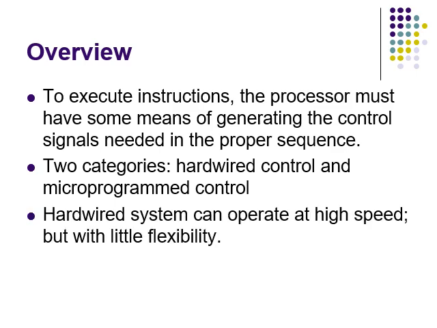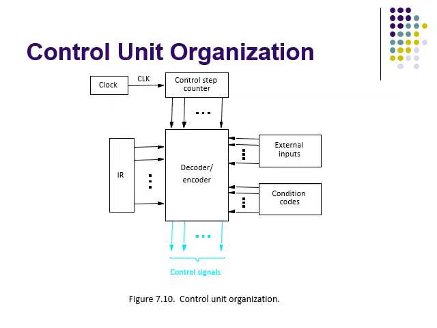So considering the sequence of the control signals, we are going to see a diagram now. In this figure, each state or count of this counter corresponds to one control step.